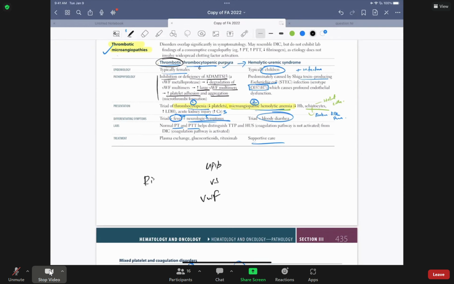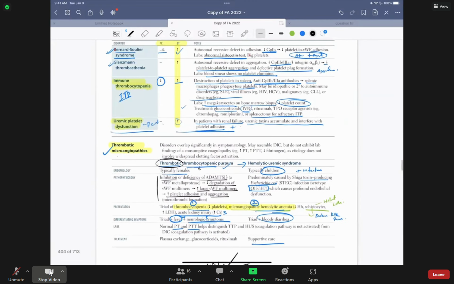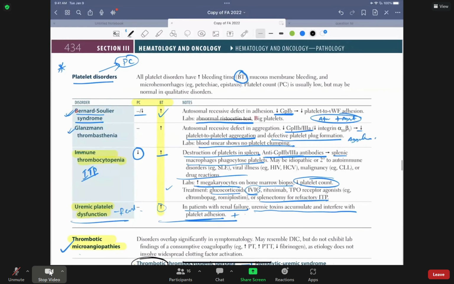So giving ristocetin will make this better. Is everybody clear, folks? I'll show you a question. It will improve. So if I give ristocetin, GP1B should get better. So people with this Bernard-Soulier syndrome, if I give ristocetin, they should get better. Does that make sense, folks?